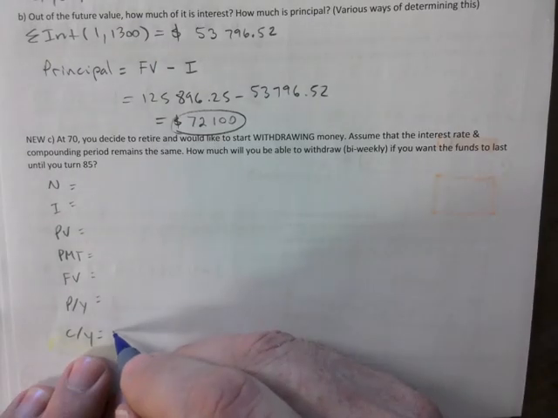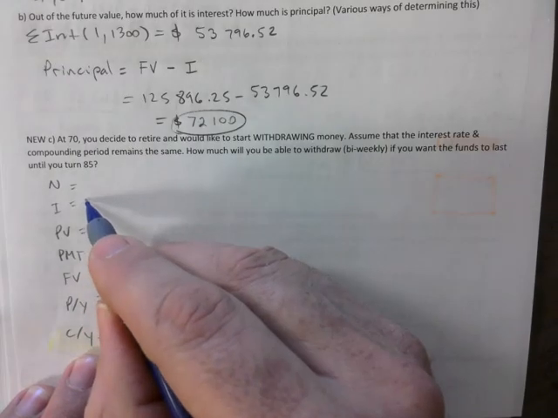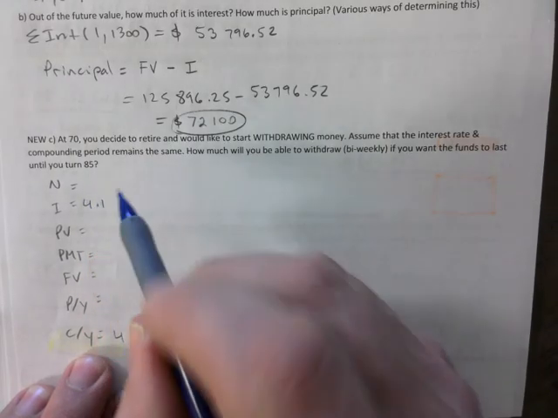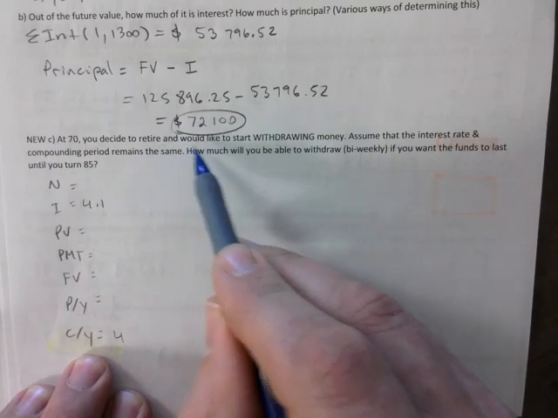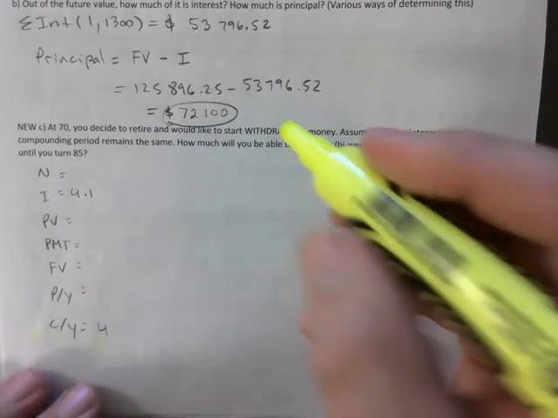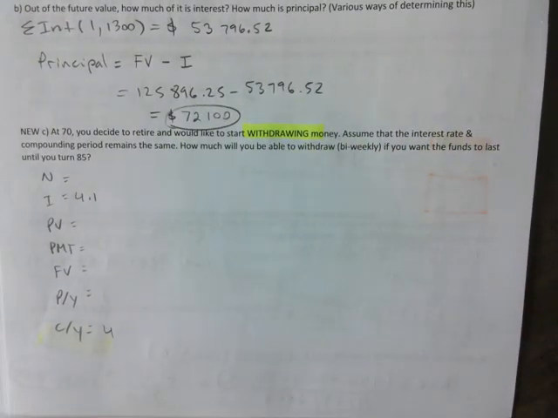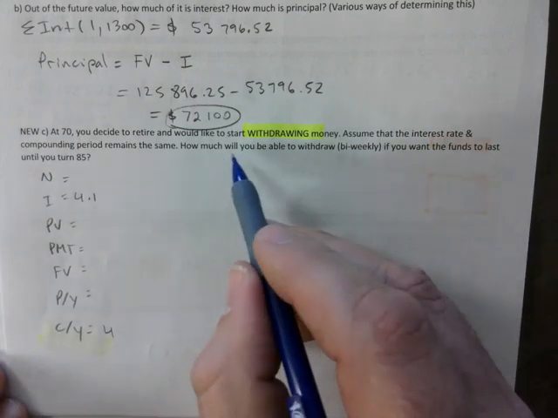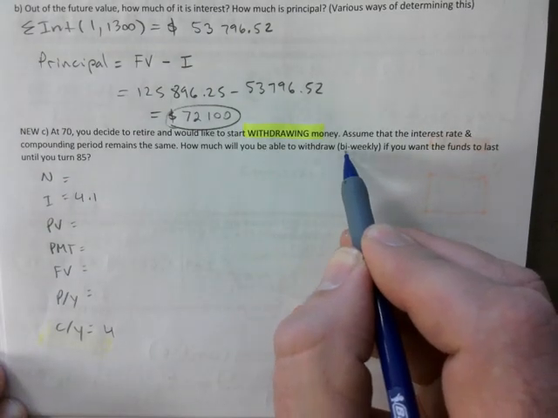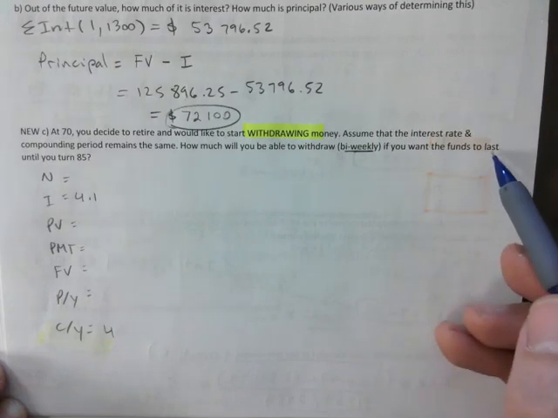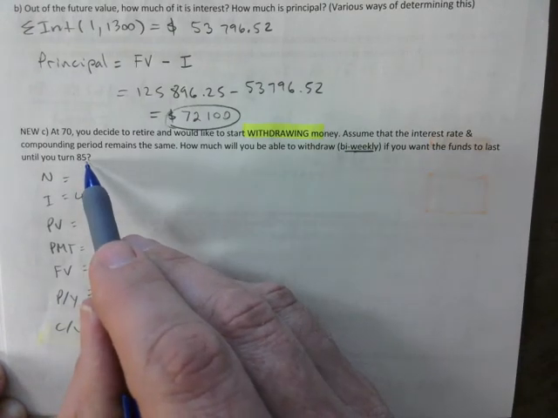So we're assuming that the compounding stays the same and the interest rate stays the same. But it says here you decide to retire and you would like to start withdrawing money. That is important too. That's how this is different. How much will you be able to withdraw bi-weekly if you want the funds to last until you're 85?